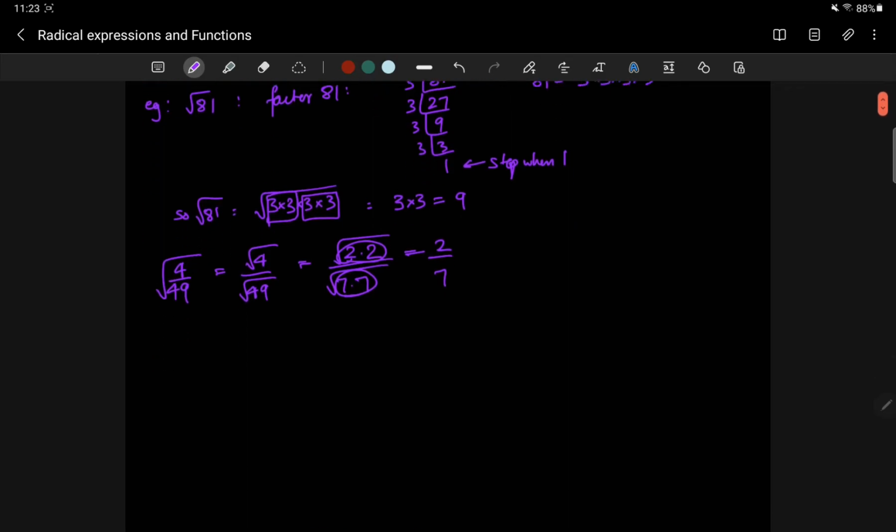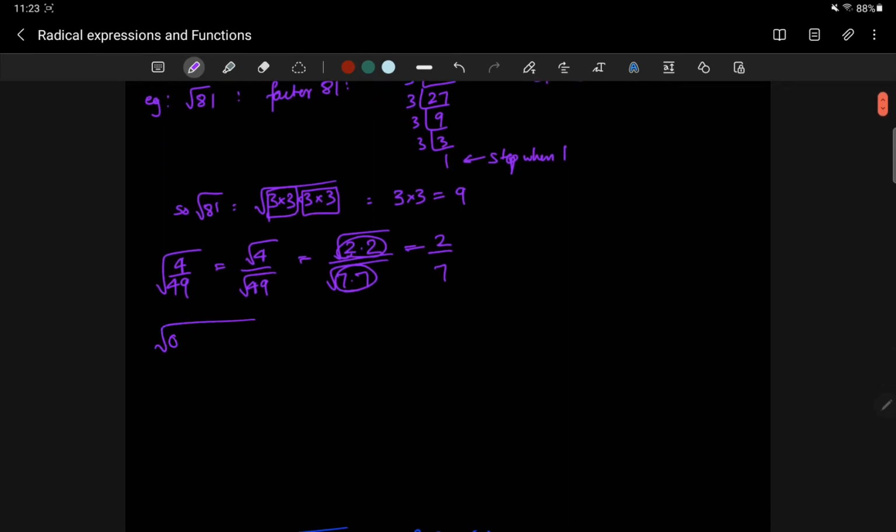In some cases it may not be straightforward, like in this one, 0.0064, and in this case what we're going to do is write it as a fraction. Which means this is 1, 2, 3, 4 places of decimal. So this is 64 over 10,000, which then becomes square root of 64 over square root of 10,000.